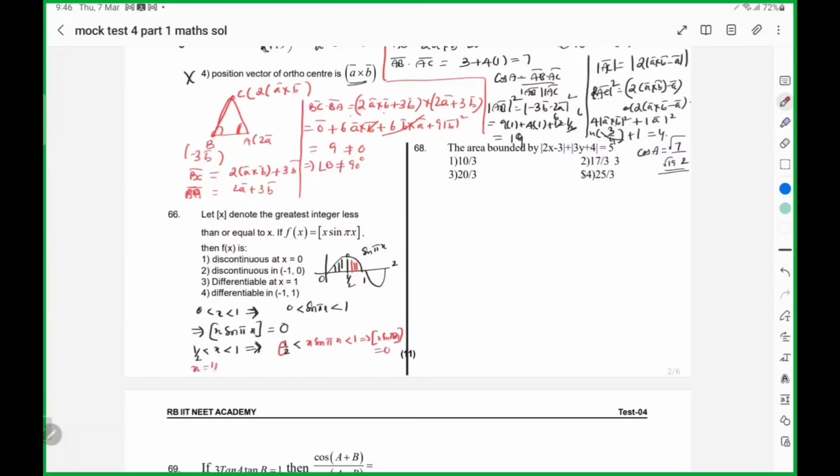When x is half, you get half into sine 90, whose value is 0.